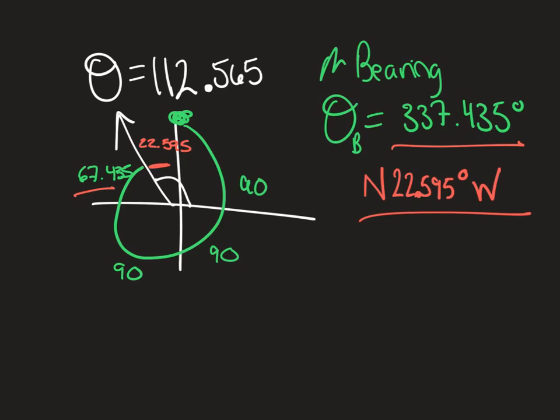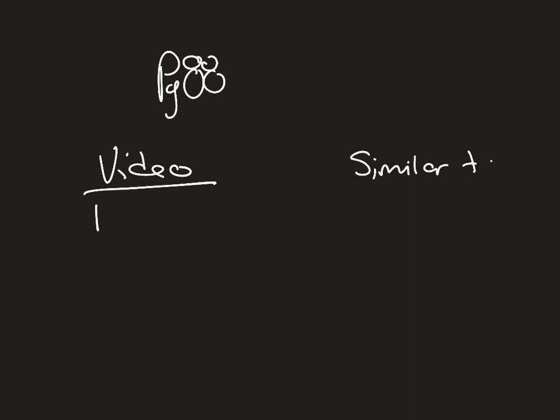There's an additional video on Canvas to help you do some problems on page 88. Let me just give you a little key really quick. For page 88, there's going to be a video for number 1, and number 1 is similar to number 3.